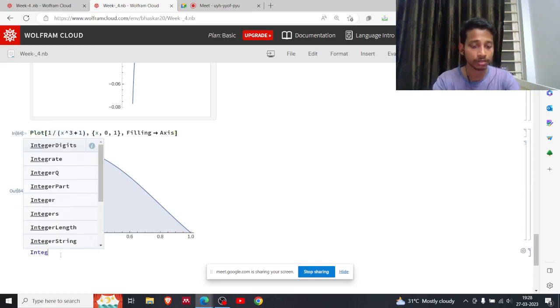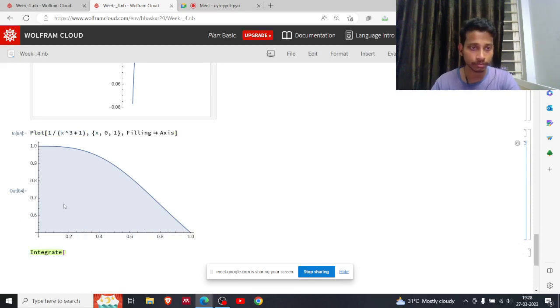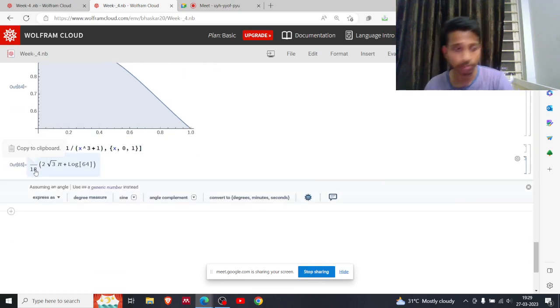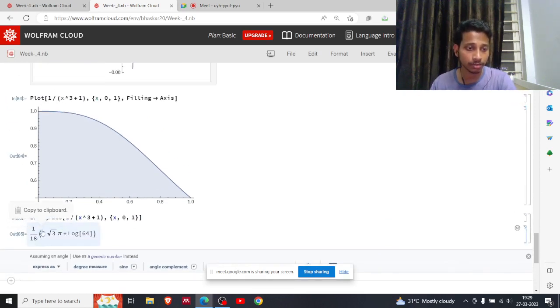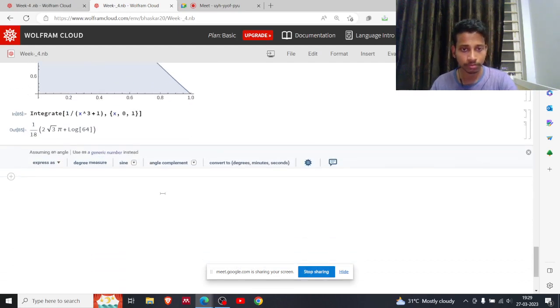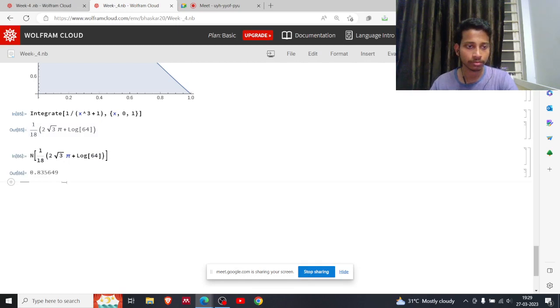So this is the value of this area: 1 by 18 multiplied by 2 root 3 pi plus log 64.